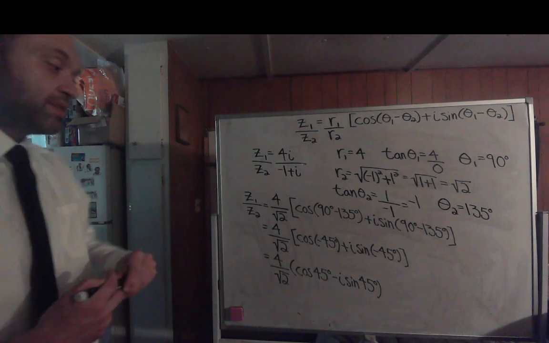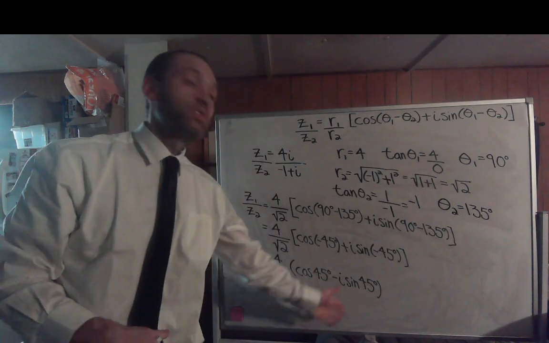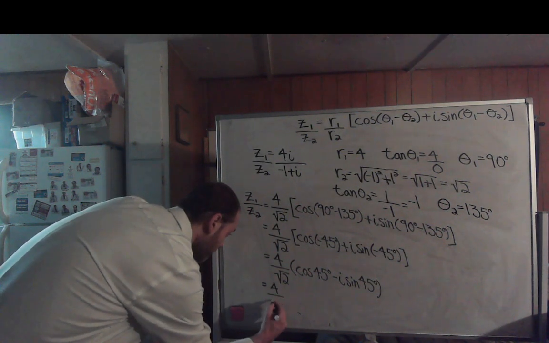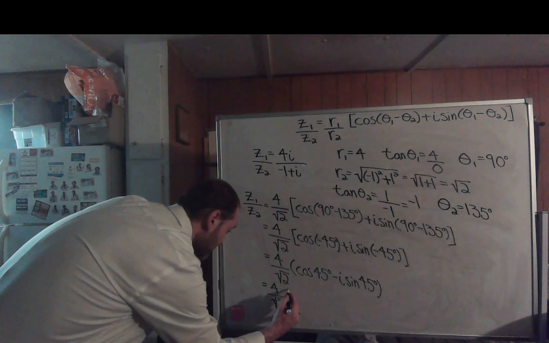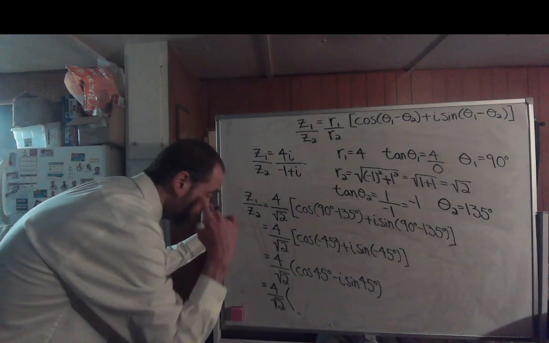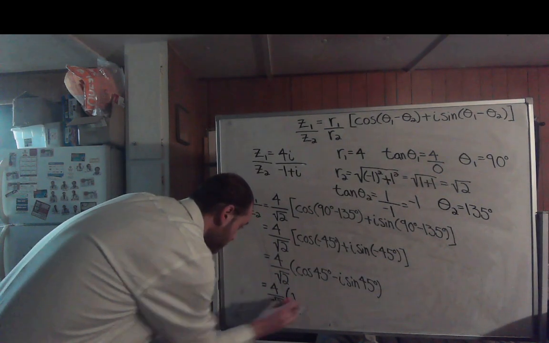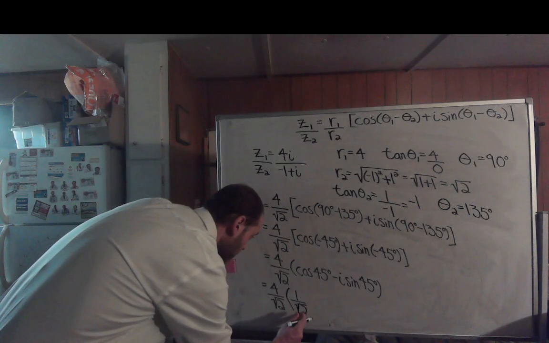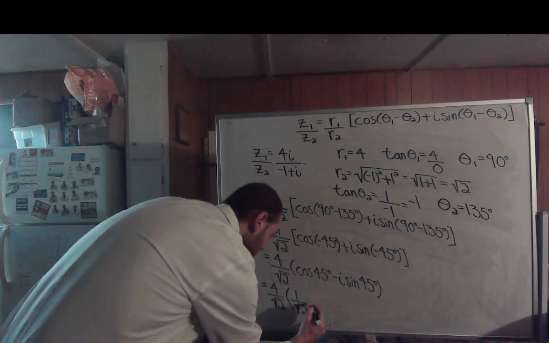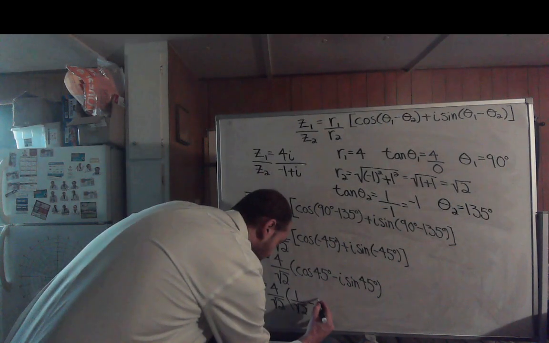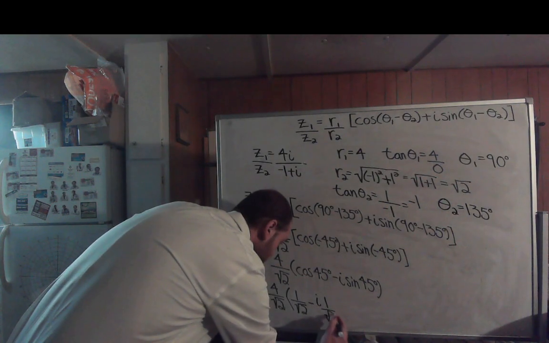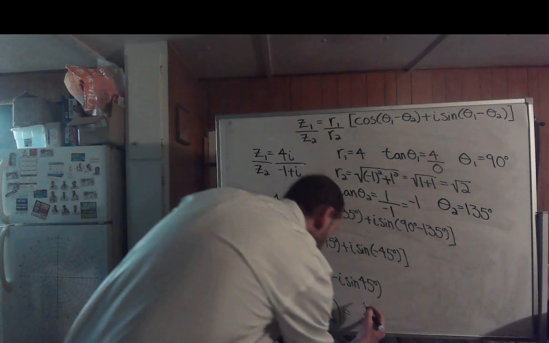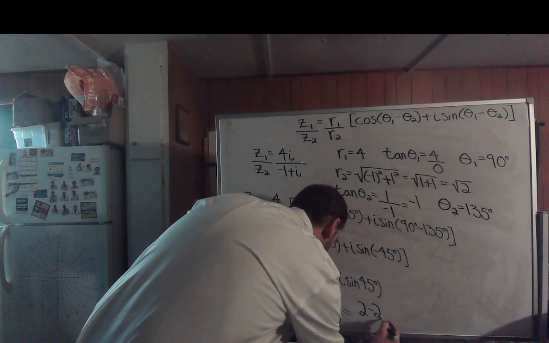And we can make this into standard form by simply taking the cosine and sine of 45 degrees. So this would equal 4 over the square root of 2 times the cosine of 45, let's write it as 1 over the square root of 2, minus the sine of 45, well, that'd be i times 1 over the square root of 2, which in its final form should end up giving you 2 minus 2i.